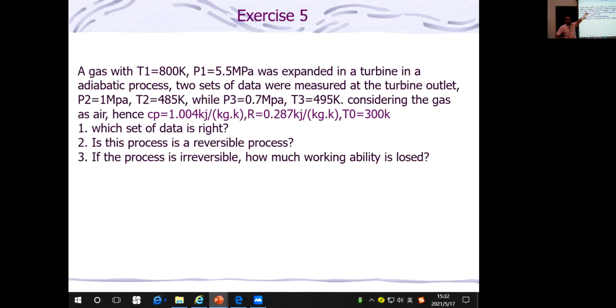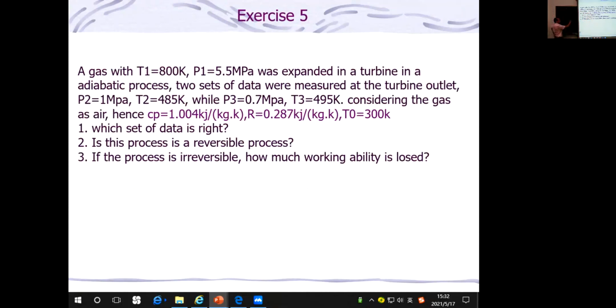Try to review the Carnot cycle, where the thermal efficiency eta is equal to 1 minus T2 divided by T1. I don't think we can employ the Carnot cycle here. And for the Clausius inequality, do you still remember it? It may be like this.